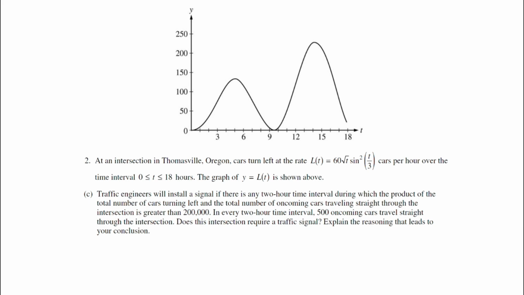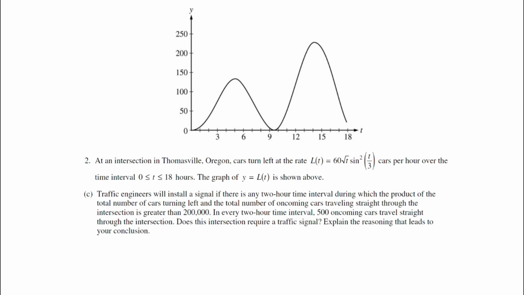And so what we want to do here is figure out if there is any 2-hour time interval on which 500 times our total number of cars that turn left is greater than 200,000.